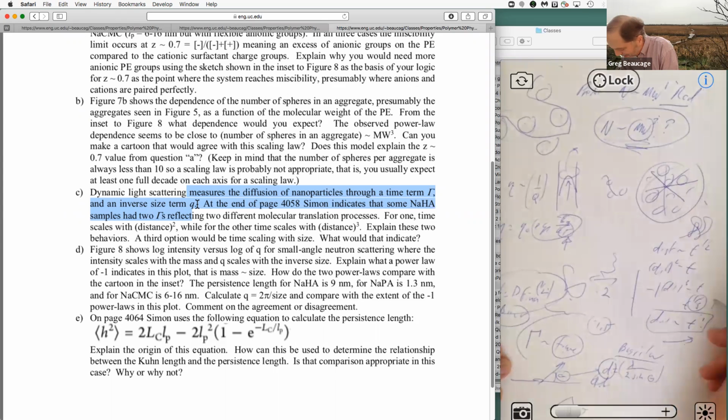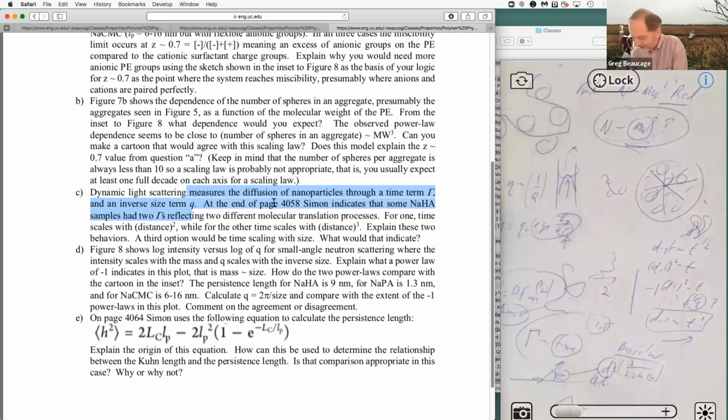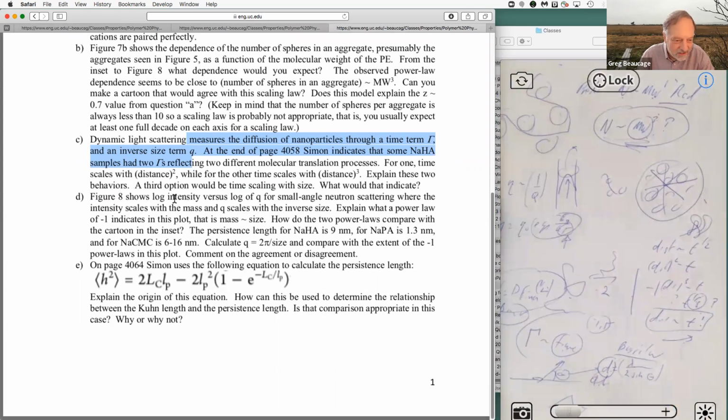Who knows what it is? But he talks about that here and says that's the answer he gets. This cube root thing, he explains it in the paper, so you can look at what he says and see if you believe it or not. That's kind of interesting and has something to do with what we talked about.